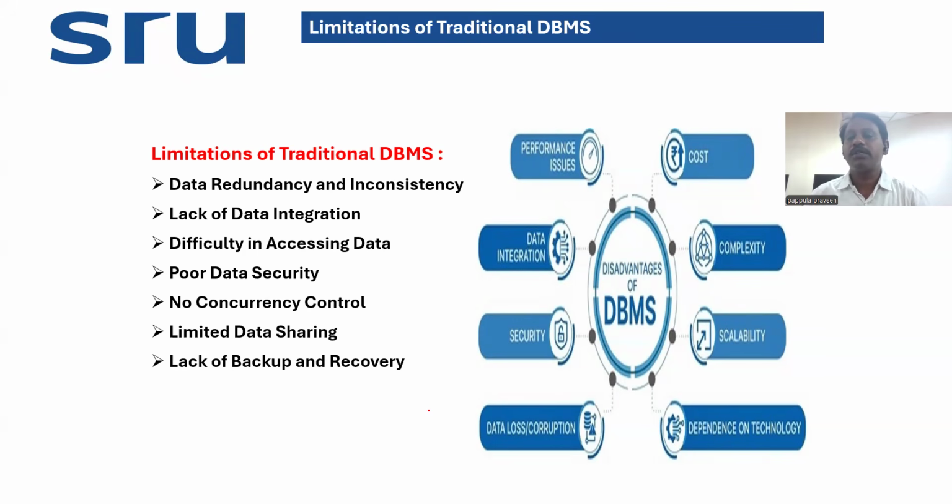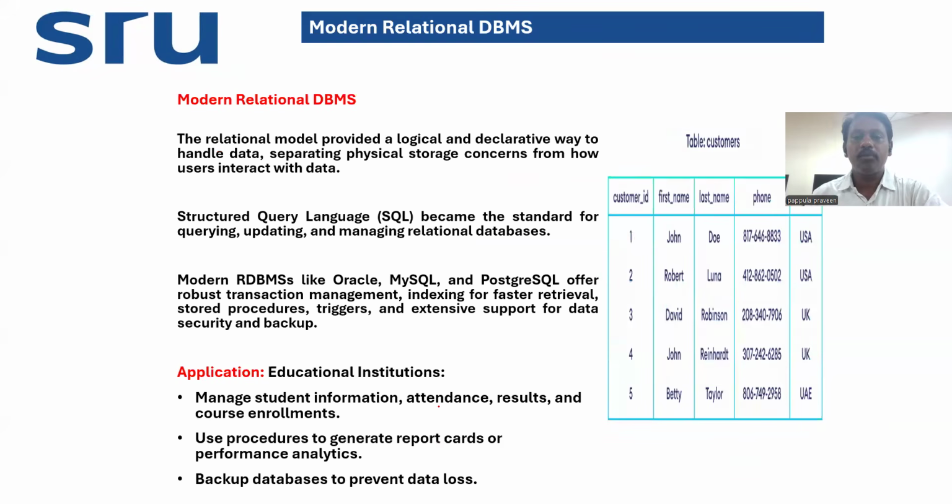So these are all the disadvantages of traditional DBMS. Okay, this is about the limitations of the traditional database management system. And modern relational DBMS, see, observe here. The relational model contains rows and columns.